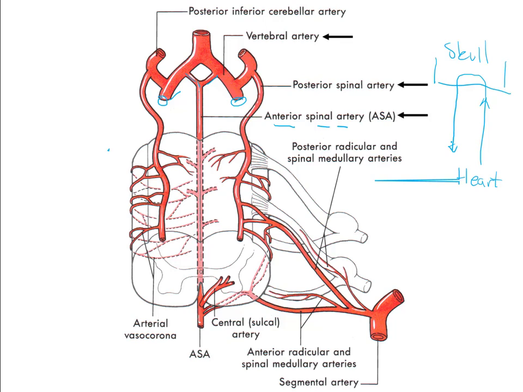There is a smaller posterior spinal artery that typically is generated off the posterior inferior cerebellar. They are very variable, varying from person to person in size. The anterior is actually the dominant arterial supply for the cord.